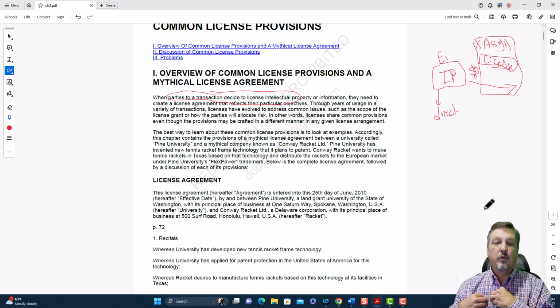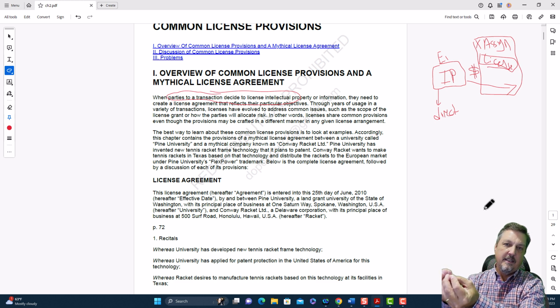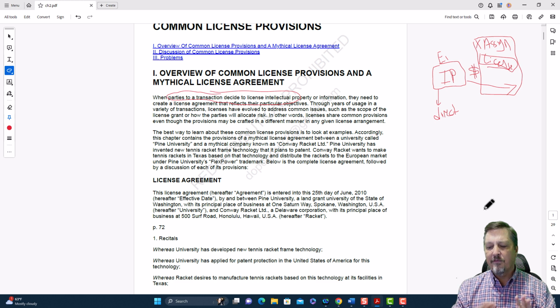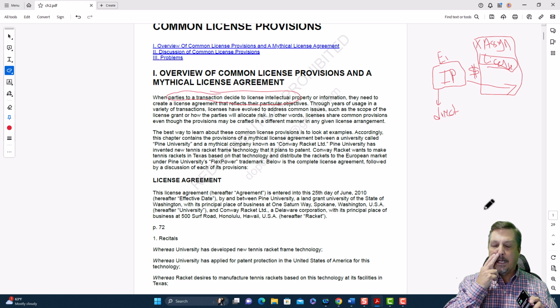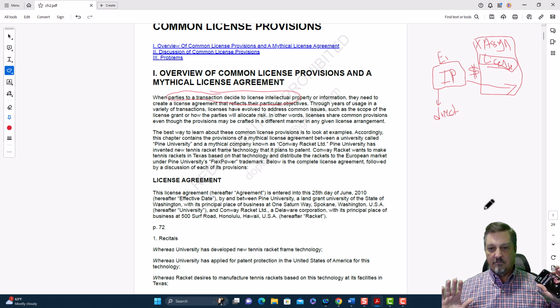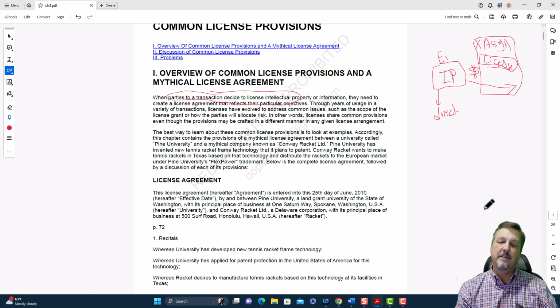But whatever piece of the right you're assigning, that's a one-off transaction. Let's just assume for now, to keep it simple, right? I have the patent on that piece of Bluetooth technology. I'm going to assign it to Google. I'm going to get paid whatever I get paid for that, and then Google's going to do whatever it does.